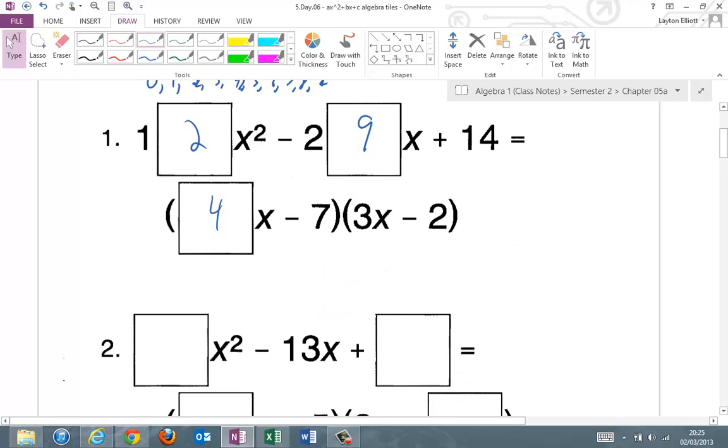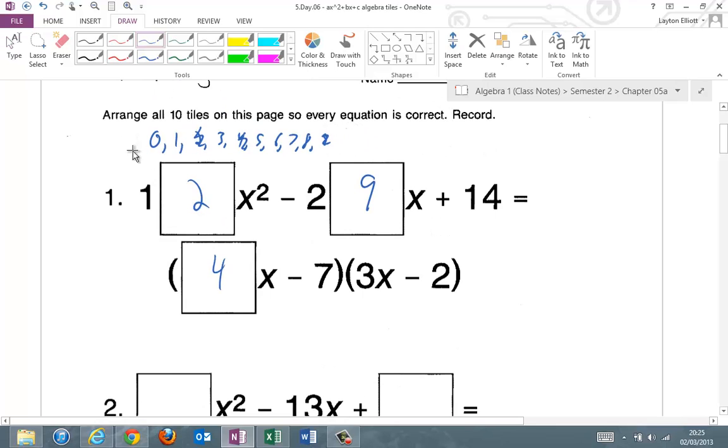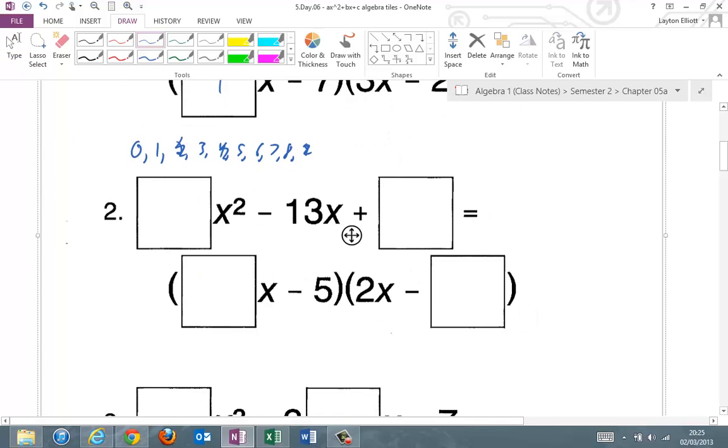Okay, moving right along. I'm going to take these down here. We have a trinomial equaling two binomials. So if I look to see what's going on here, I know that I have negative 13x as my middle term, and I know that negative 10x minus something would be equal to negative 13x. Well, that means that this has to be 1 and 3 or 3 and 1. Let's try 1 and 3.